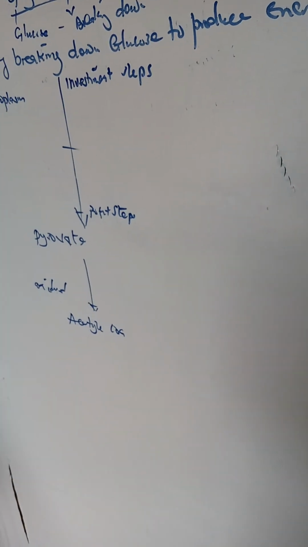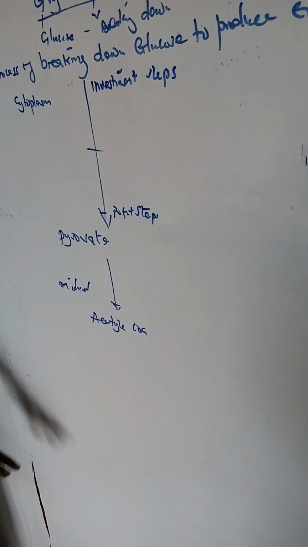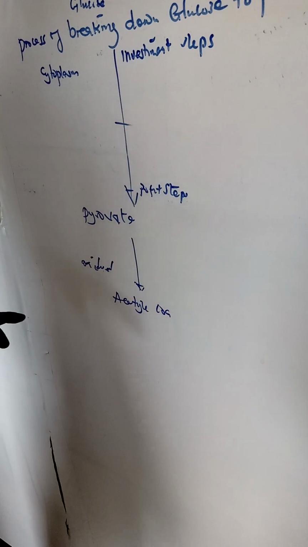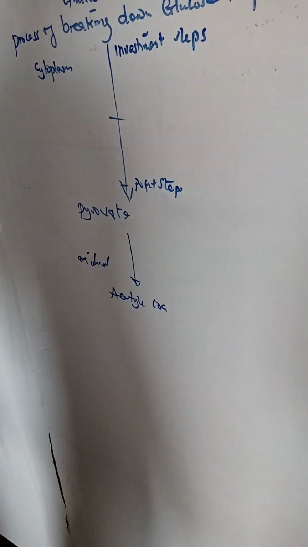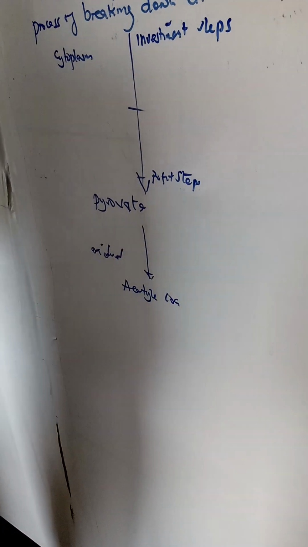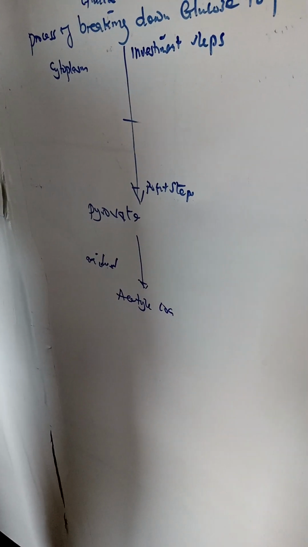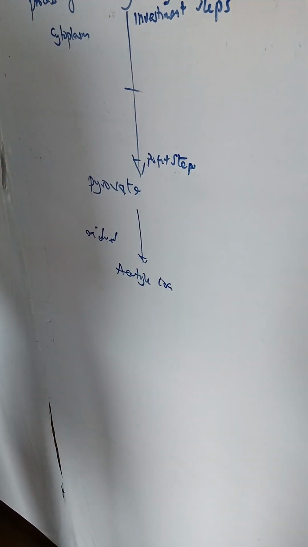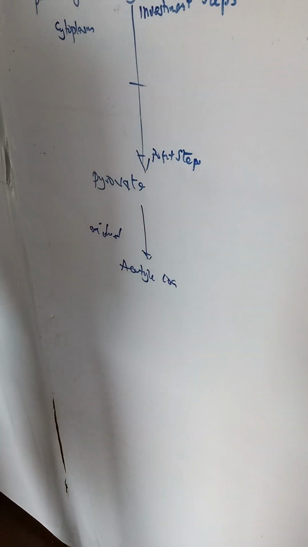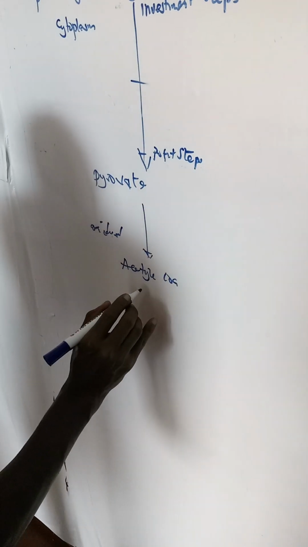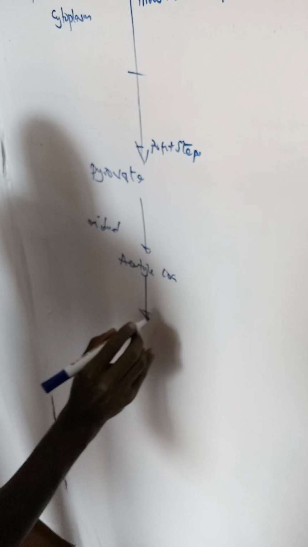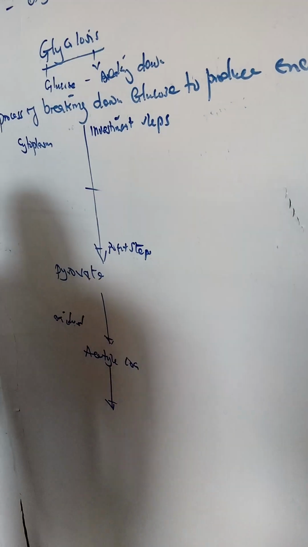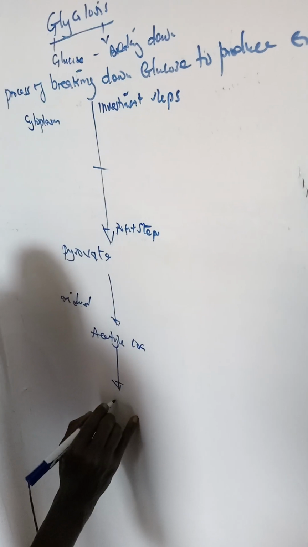Now, here, acetyl-CoA is then combined with a 4-carbon compound by oxidation to form 6-carbon citrate. And here is where the Krebs cycle begins.